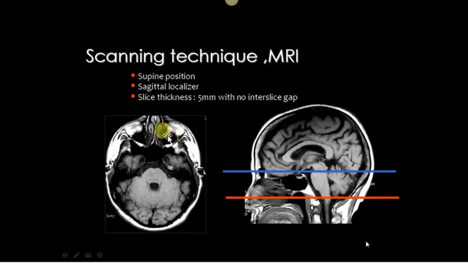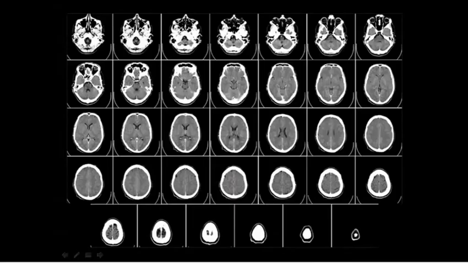So this is the technique to take the MRI. And if you know the sagittal structure, then you can understand which line will show which type of structures.